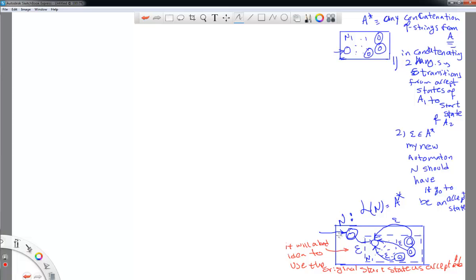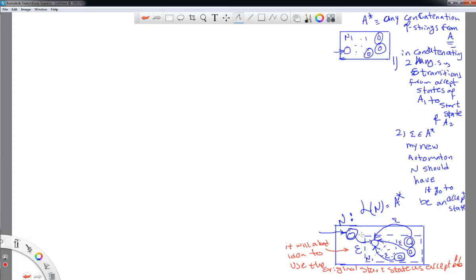It's actually a very interesting question: why did we add a new state and make it the start state, and not just convert N sub 1's own start state into an accept state? Epsilon would certainly be a member of this language if we did that. The problem is that if there is an intermediate transition back to the start state, that might introduce an undesired set of strings into my language, and I would like to avoid that.